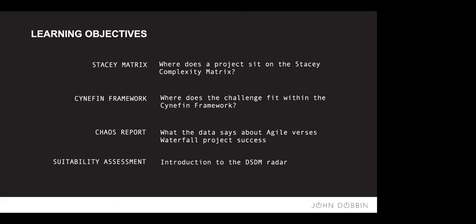We're going to look at some statistics to see what data says about Agile versus waterfall projects from some studies of 10,000 different projects. And then we're going to use a very old radar to look at, is your team and your organization and the project suitable for Agile or not? And so the purpose of all of these frameworks and tools is for us to make a decision, if we're looking at a project, which way to go.